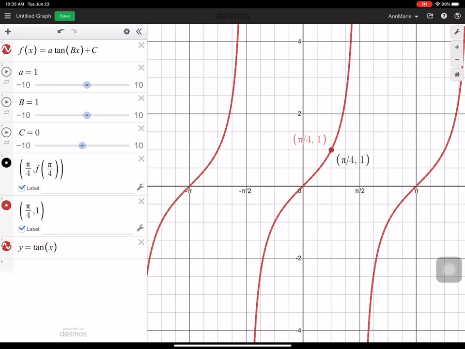Okay, so what I've done is I've just put a dotted reference unadulterated tangent curve on so that we can see what happens.